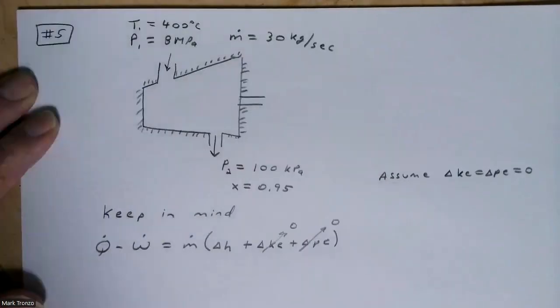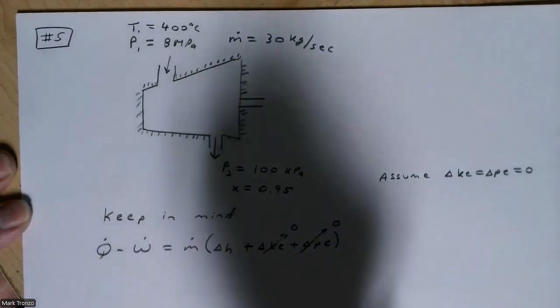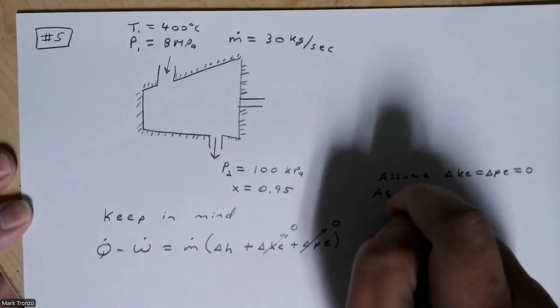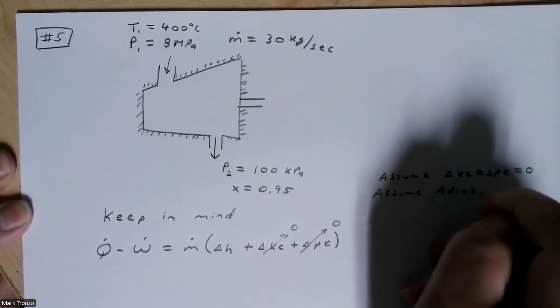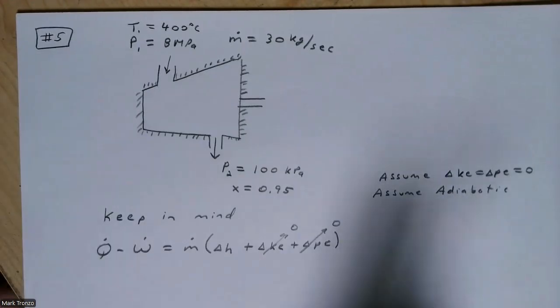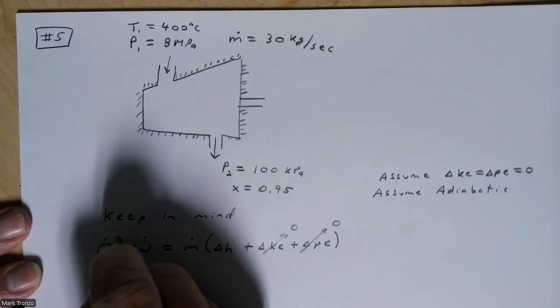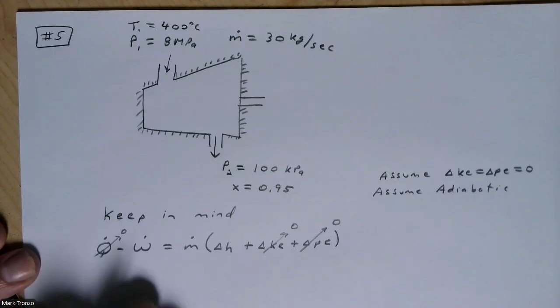And we know the mass flow rate. And we can also assume it's adiabatic. And actually, looking back at the problem, it tells us it's adiabatic. So this goes away. So the problem actually becomes pretty simple. We just have to apply this.